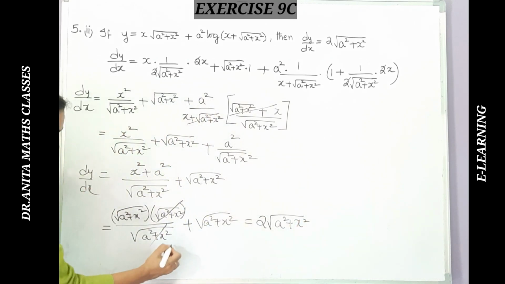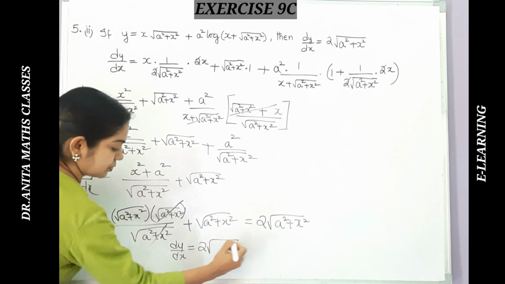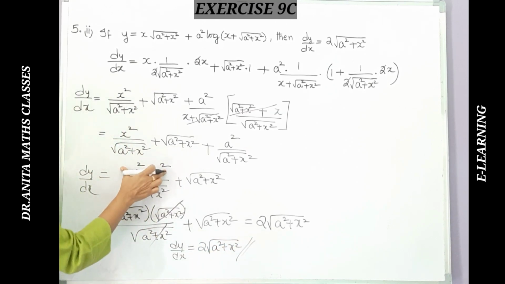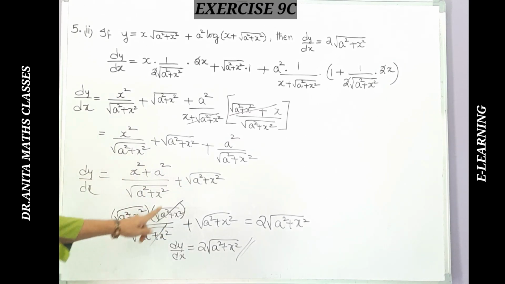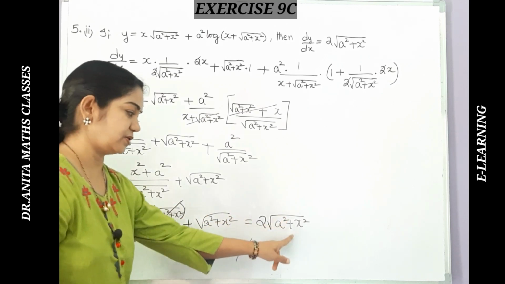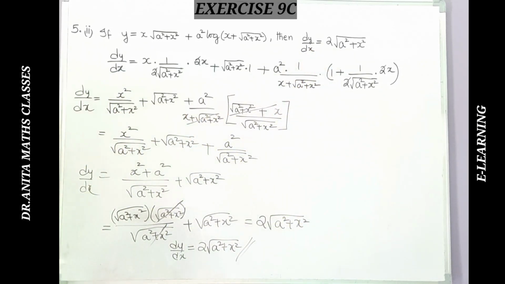So finally we got dy upon dx is equal to 2 square root of a square plus x square. I have split this into two square roots because square root whole square becomes the same thing, so one square root gets cancelled. We have one square root and one square root, that is 2 square root of a square plus x square. That is what we have to prove. Pause it and note it down.